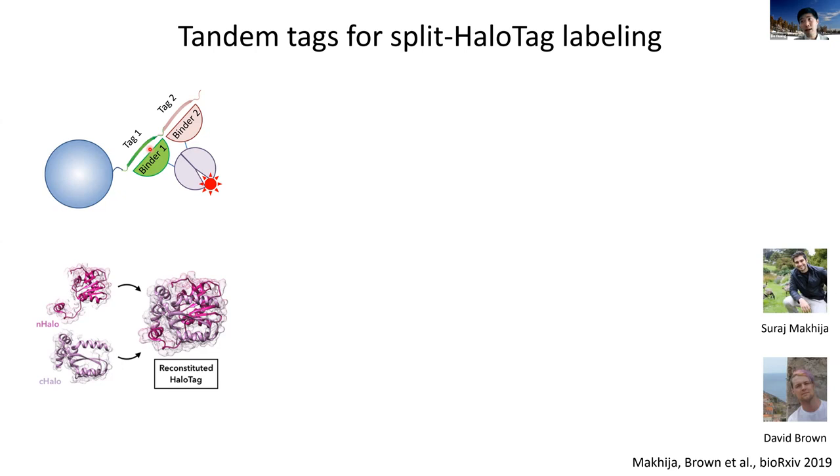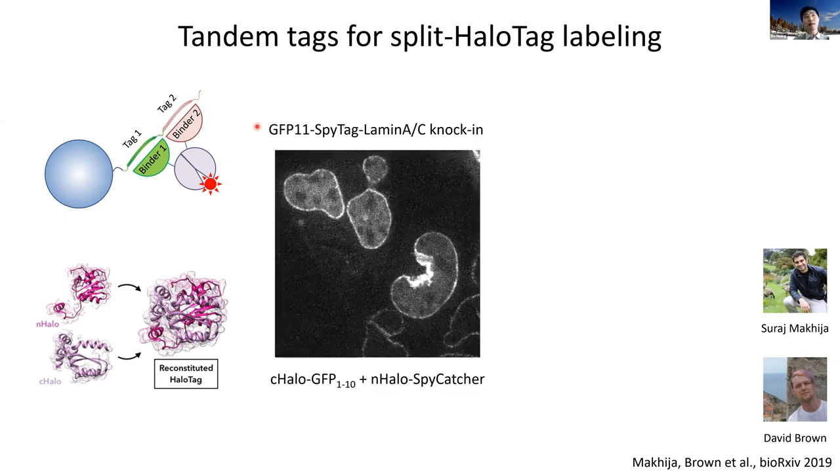In this case, we use the SpyTag SpyCatcher and the Alpha tag Nb alpha to do this. So this is the knock-in of GFP11 SpyTag and expression of GFP1 to 10 and SpyCatcher, and we see the endogenously labeled Nup on the nuclear envelope.